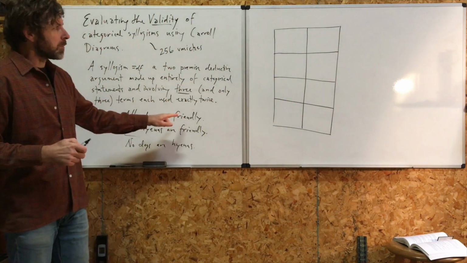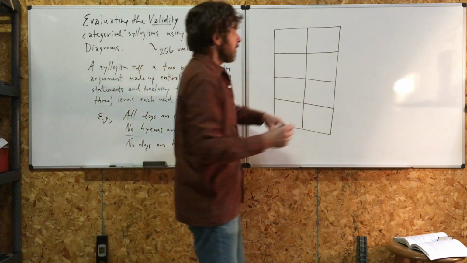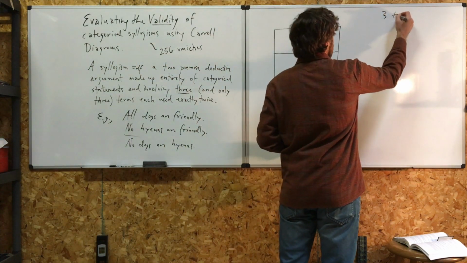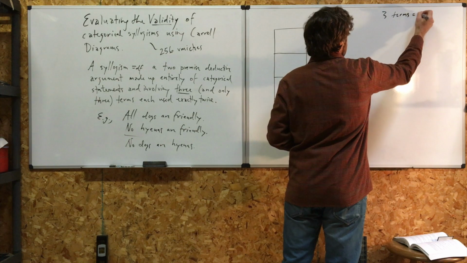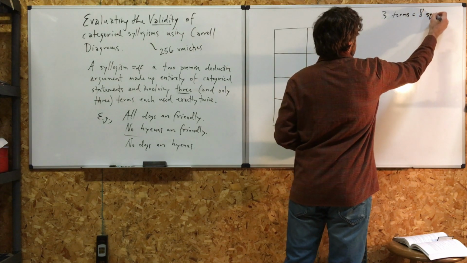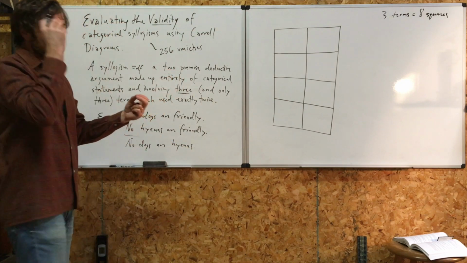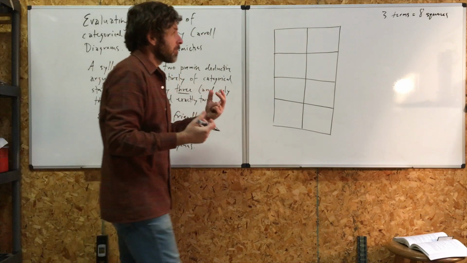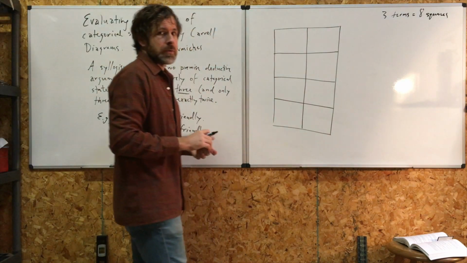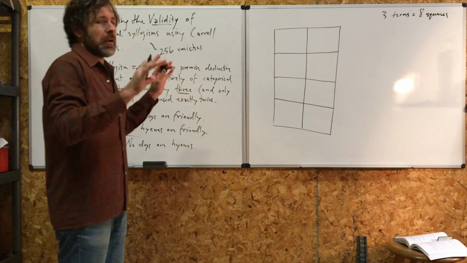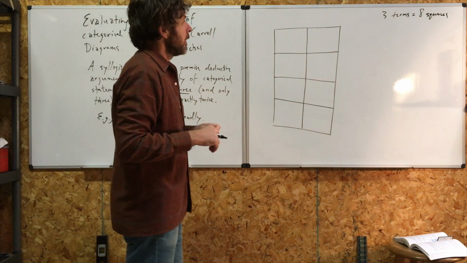Now, you see what I've done right away. We have three terms, so we should have 8 squares. Three terms, right, 8 squares. Just like when we had 2 terms, 4 squares. If we have 4 terms, then of course that would be 16 squares. We're not going to get to that. You can do that on your own. All right, 3 terms.